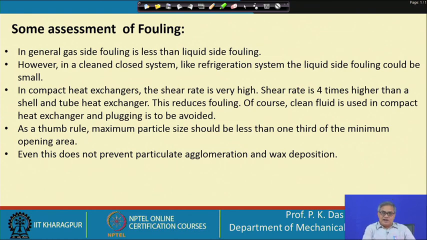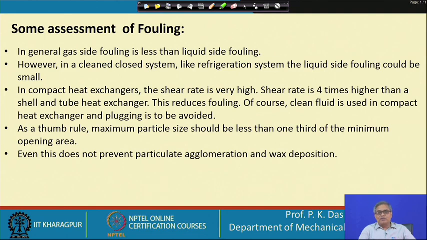We will discuss some mechanisms of fouling. You will see that when the shear rate is very high, the foulant will not easily deposit on the surface, and that gives us some advantage. Of course, compact heat exchangers are designed for clean conditions.